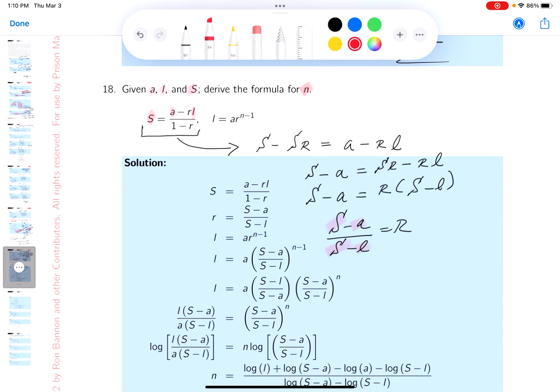And I noticed that over here I could look at this formula over here, right? So let's take a look at that and see what we could do there.